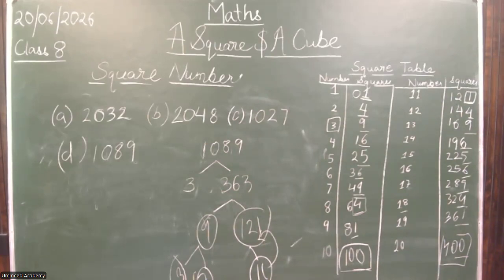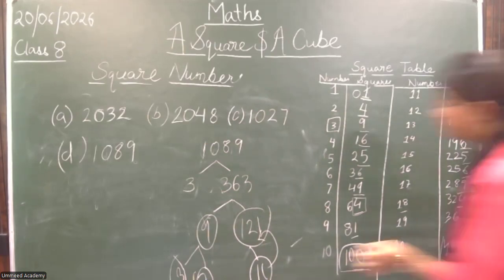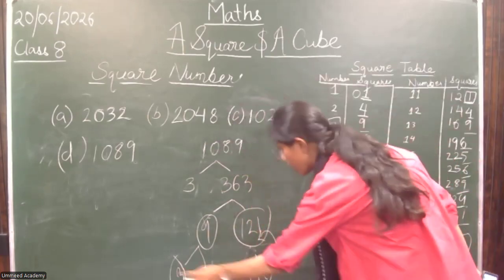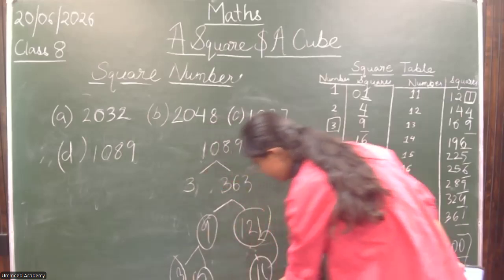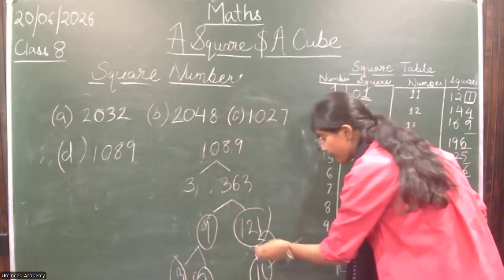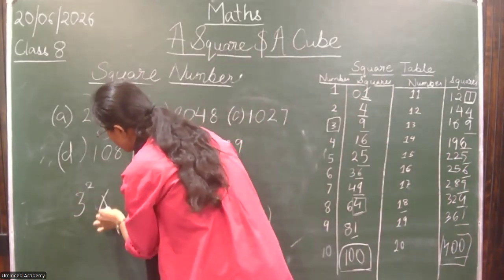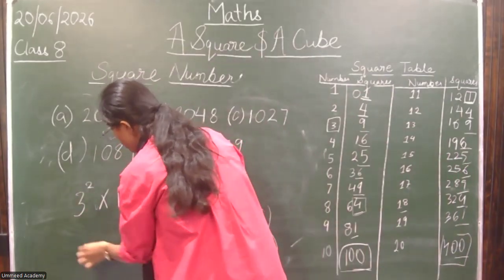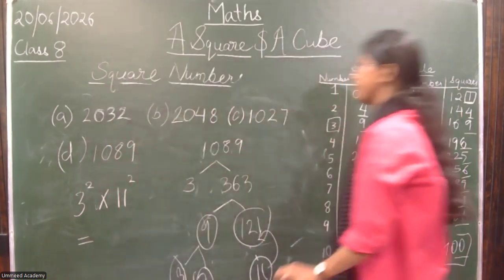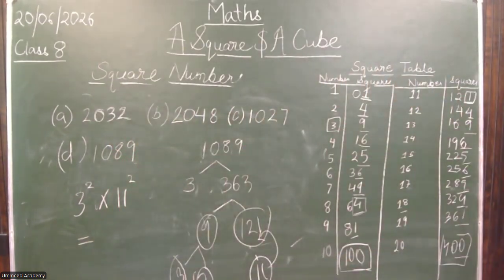तो अब 1089 का कैसे पता चलेगा? See here, 3 square into 11 square. What are we getting? 9 multiply 121.